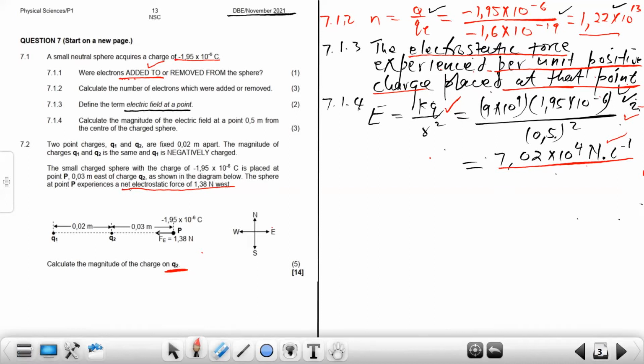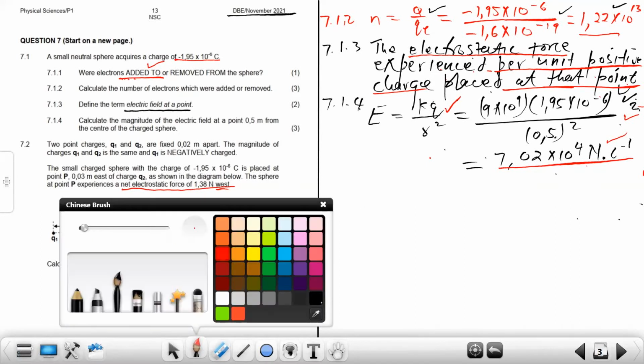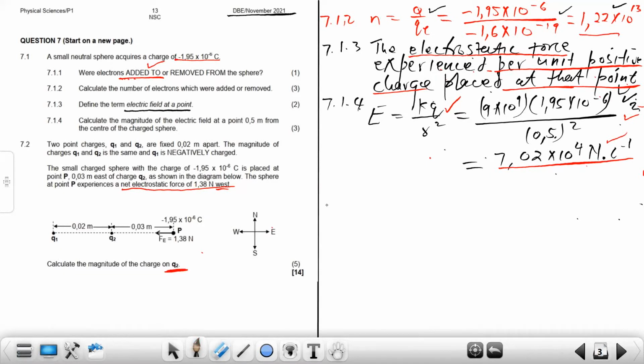And we are told also that the net electrostatic force is 1.83 newtons west. But because they have the same charge, obviously it's repulsion, so they will be moving in opposite directions. So I'm not going to draw that for you, because we will be in a position of saying at 7.2, we have F net, which is equal to F of Q2 plus F of Q1.